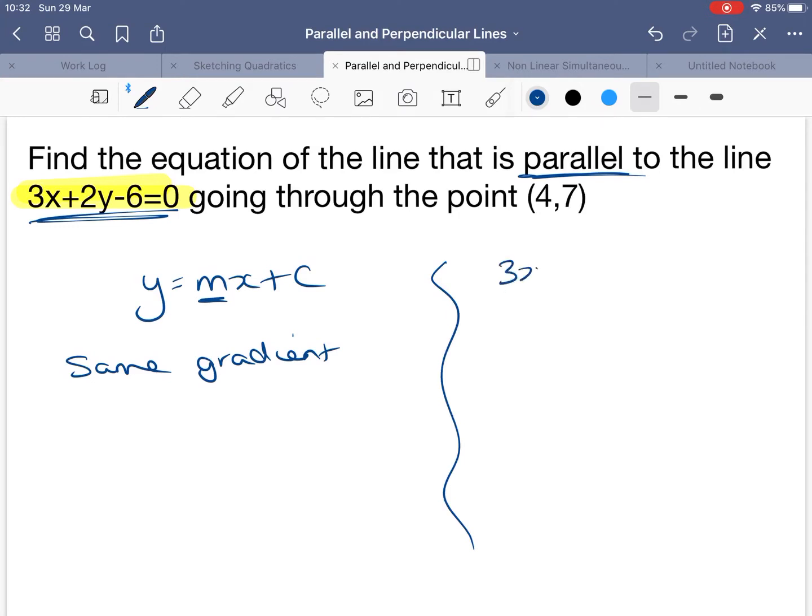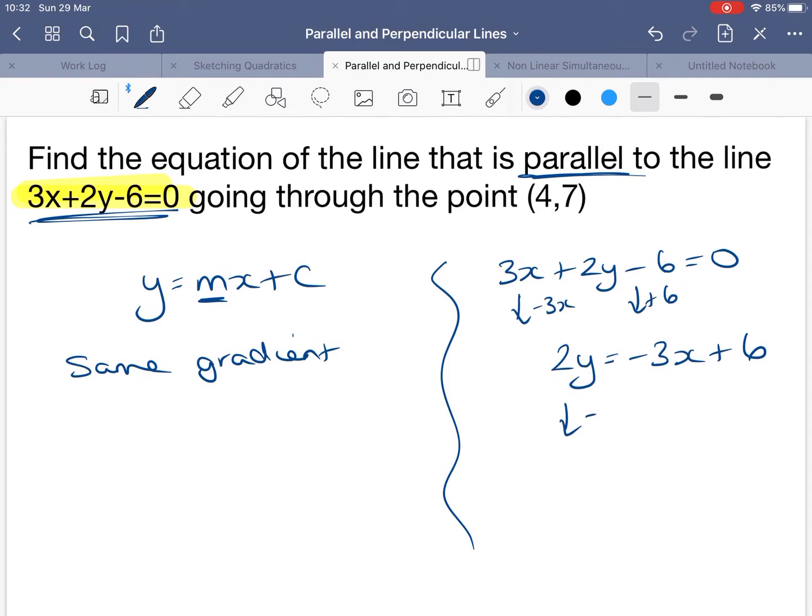So how am I going to do that? I've got my 3x plus 2y minus 6 equals 0. I need to turn it into the form y equals mx plus c. So I'm going to add the 6 and take away the 3x, so I get 2y equals minus 3x plus 6. And then I'm going to divide every term by 2, to get y equals.